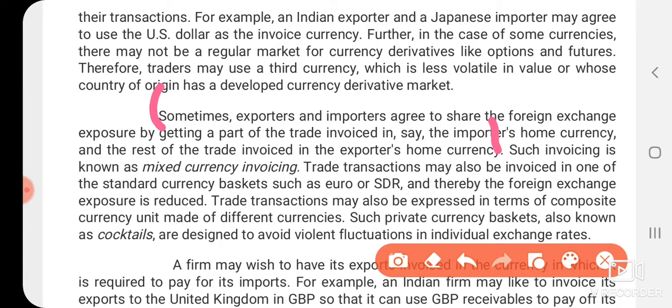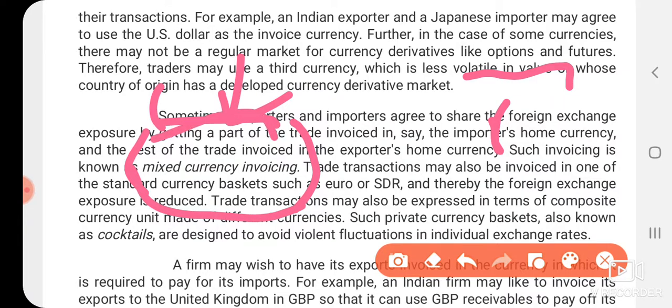Say, for example, 50% of the risk to the importer and 50% to the exporter according to the agreement, or 60% to the importer and 40% to the exporter. They are not taking the entire risk, just part of the trade invoiced in each currency. This is what we call mixed currency invoicing.